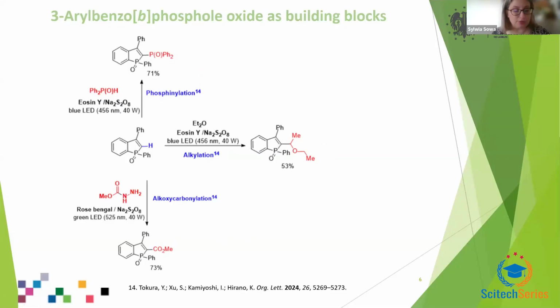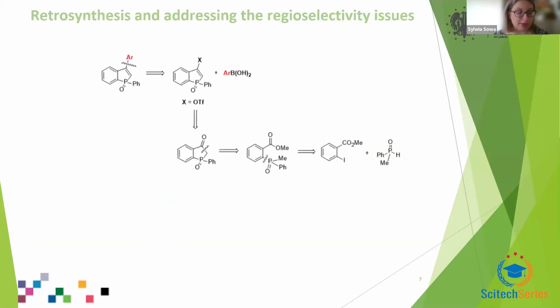So these protocols prove that 3-aryl benzophosphole oxides are valuable building blocks in the preparation of unsymmetrical 2,3-disubstituted benzophosphole oxides. From the synthetic perspective, there is a constant demand for the synthesis of 3-aryl benzophosphole oxides, which can then be used as building blocks. To access a new library of 3-aryl benzophosphole oxides, we considered a retrosynthetic pathway which starts with the disconnection of the C-aryl bond, which leads us not to a bromide like before, but to a triflate.